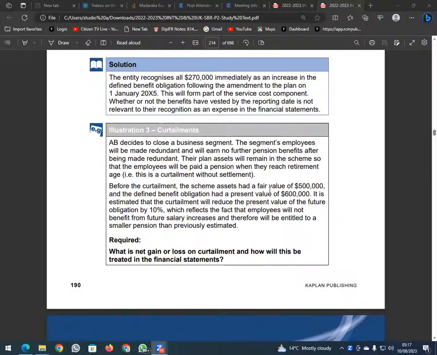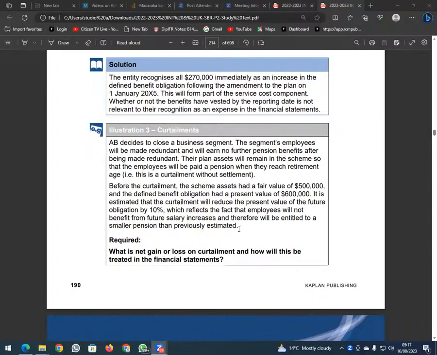It is estimated that the curtailment will reduce the present value of the future obligation by 10%, which reflects the fact that employees will not benefit from future salary increases.